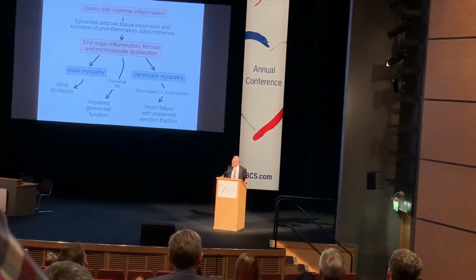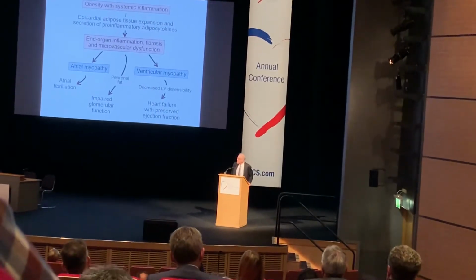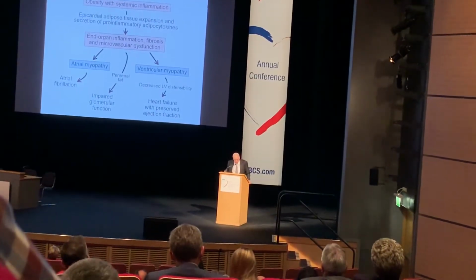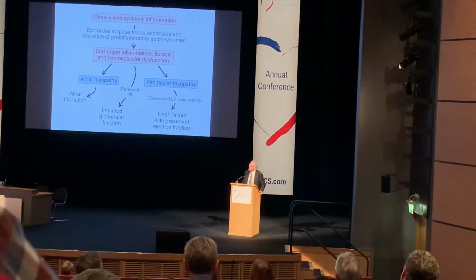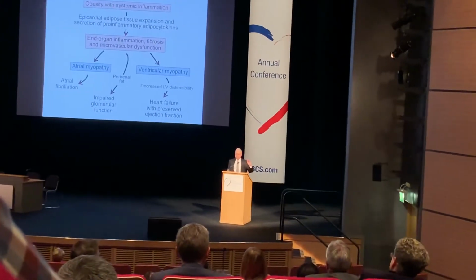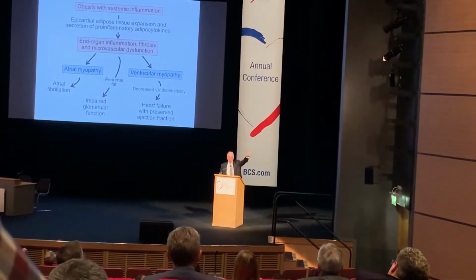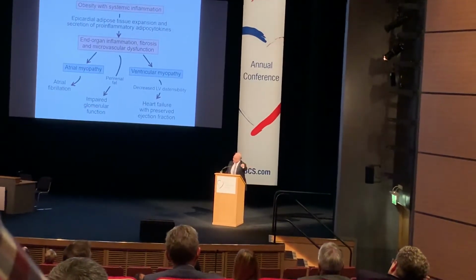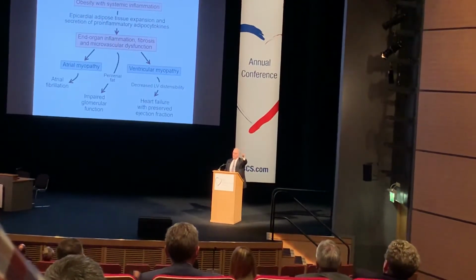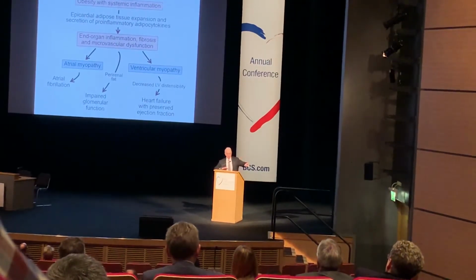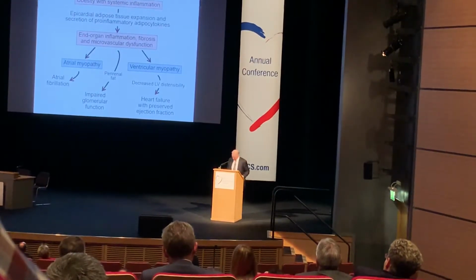Now, why is glomerular function impaired? It's a really good question. Two theories. First, the same inflammation that occurs in the epicardium, in the epicardial fat, occurs in the perirenal fat, and that's transmitted to the kidney to impair glomerular function.